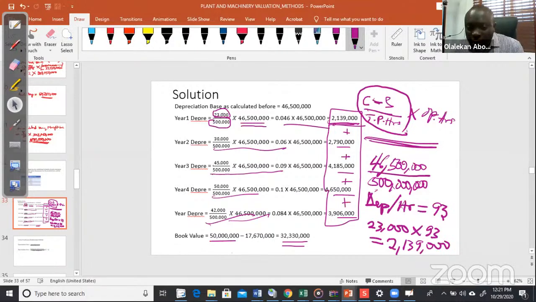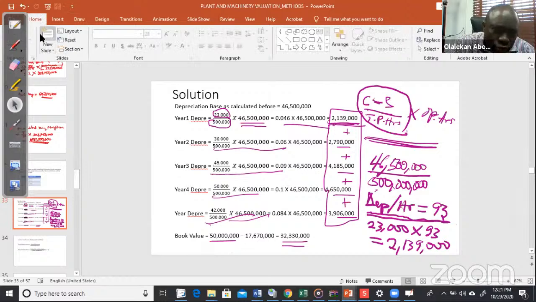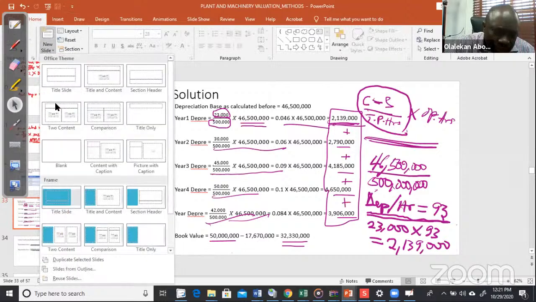But when calculating it, make sure you declare your depreciation per hour first before you enter into the spreadsheet of calculating year by year. First of all, calculate depreciation per hour. So your yearly depreciation will therefore be depreciation per hour multiplied by operating hour in the year. I think it's very important.